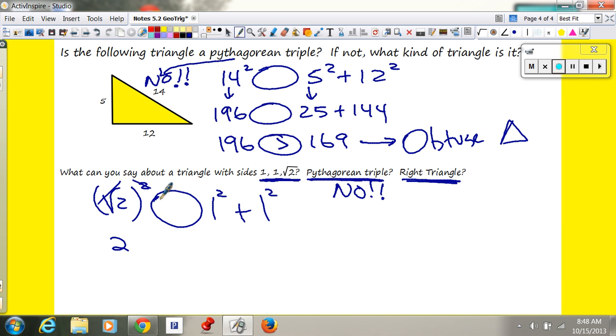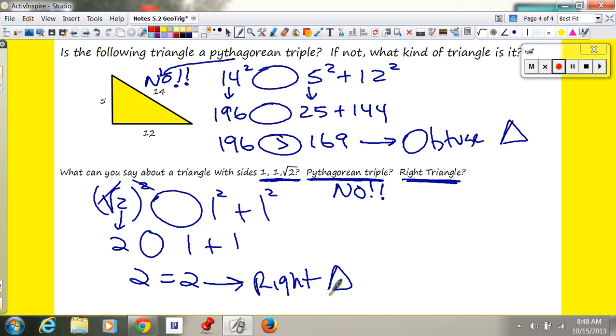The square root cancels out the square, and you get a 2. What is 1 squared plus another 1 squared? So what can I say about 2 equaling 2? What does that tell me? Right triangle, yep. That is a right triangle when 2 equals 2.